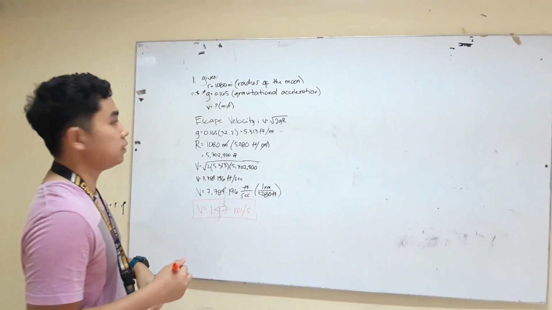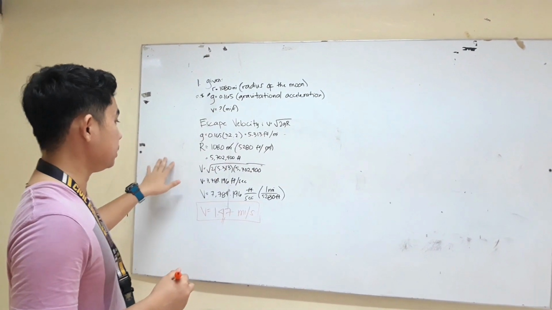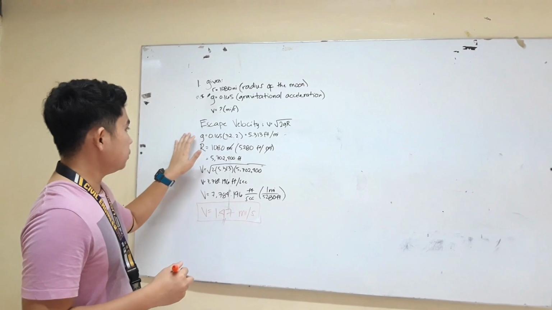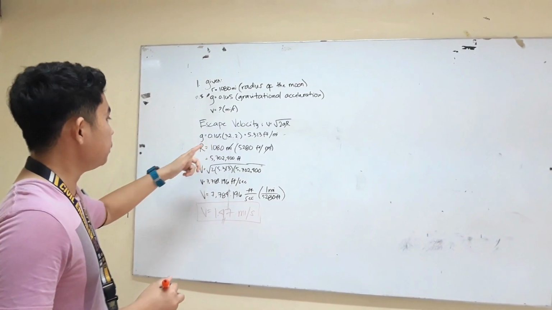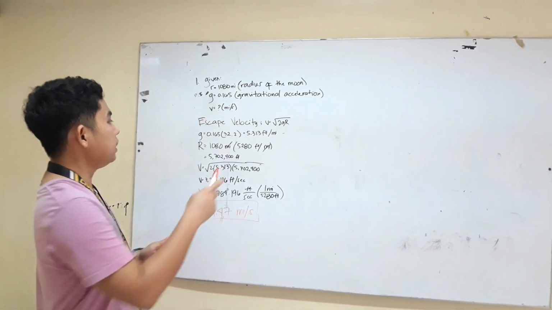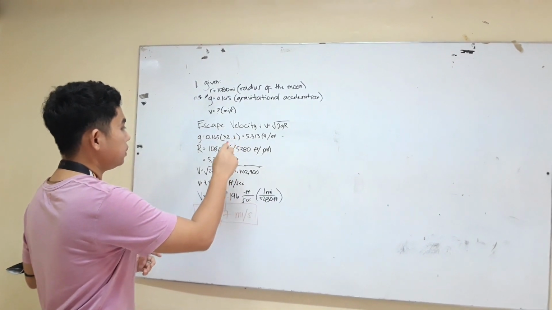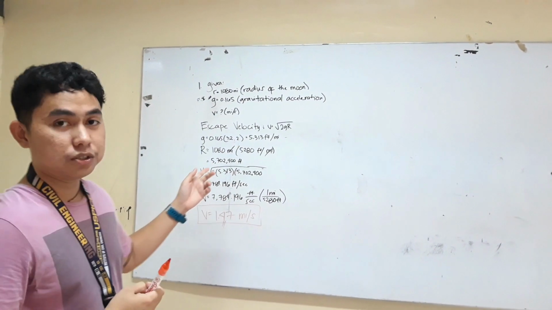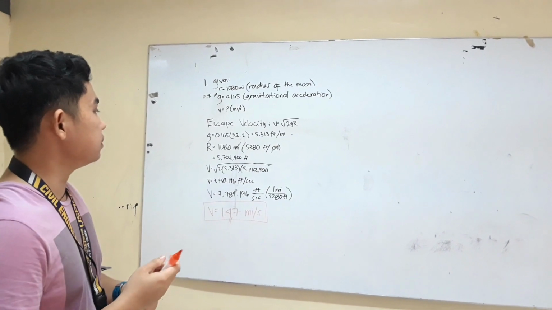First, we are going to get the gravitational acceleration. G is equal to 0.165 times 32.2, which is Earth's gravitational acceleration.